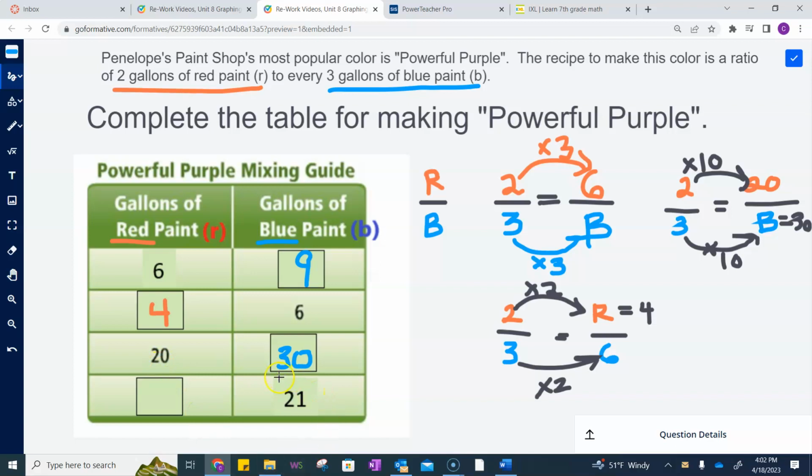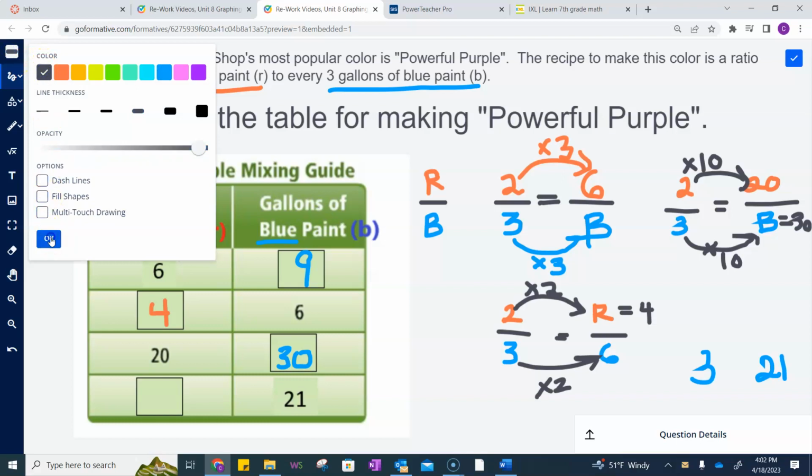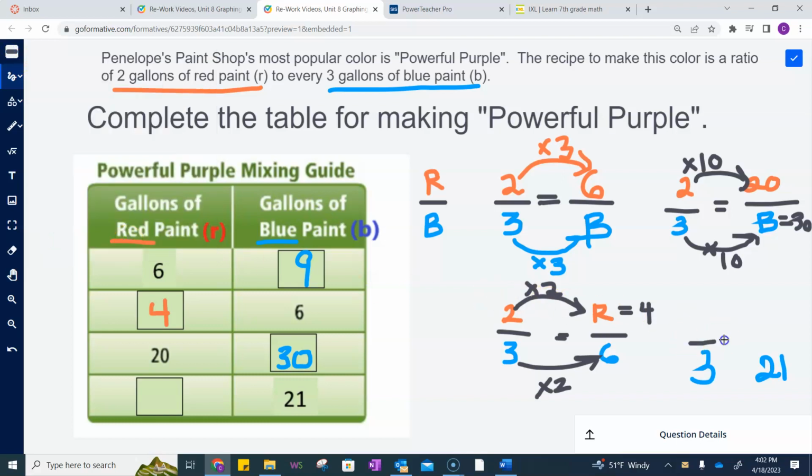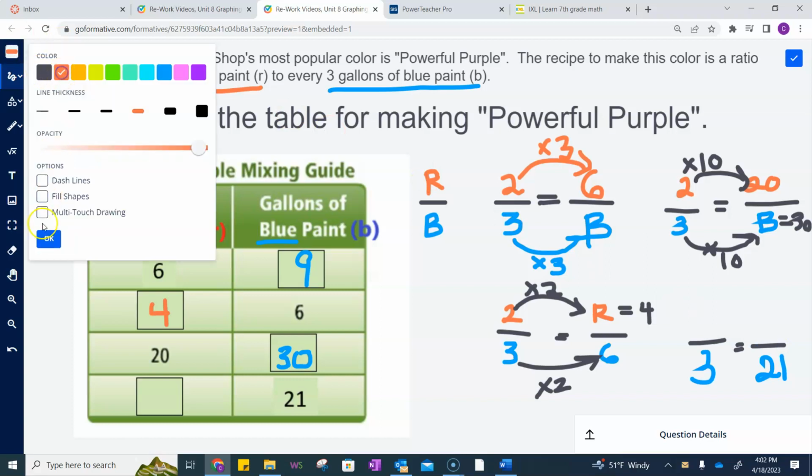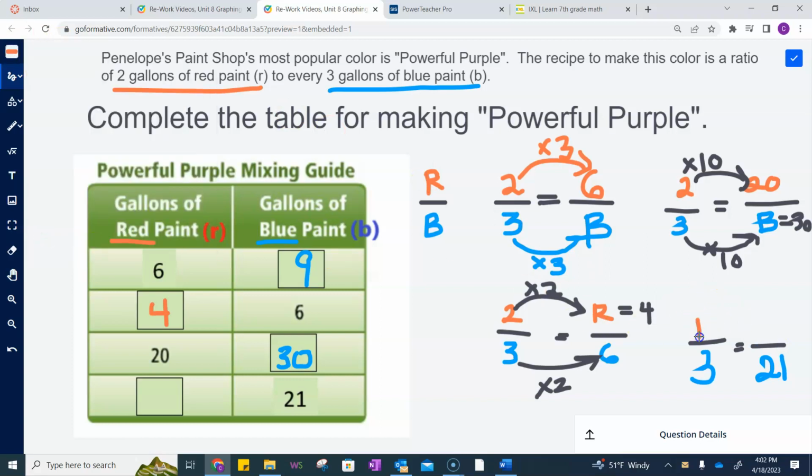And finally, this last one, I'm going to start with my recipe 3 and scale it up to 21. For the red, I'm going to start with 2, and I need to figure out how much I'm scaling it by, so I can figure out how many gallons I need if I use 21 gallons of blue.